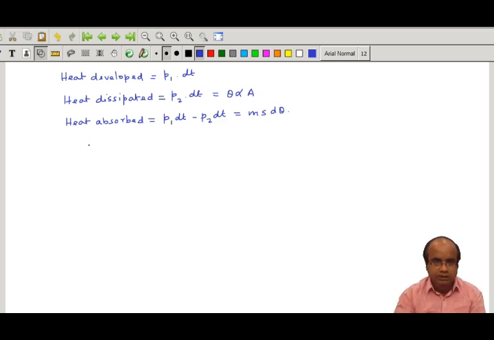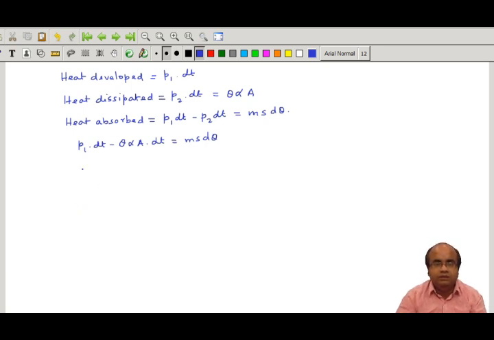Then we can write P1 dt minus theta alpha A dt equals ms d theta. Sorry, theta alpha A dt is there. P2 into dt equals ms d theta.